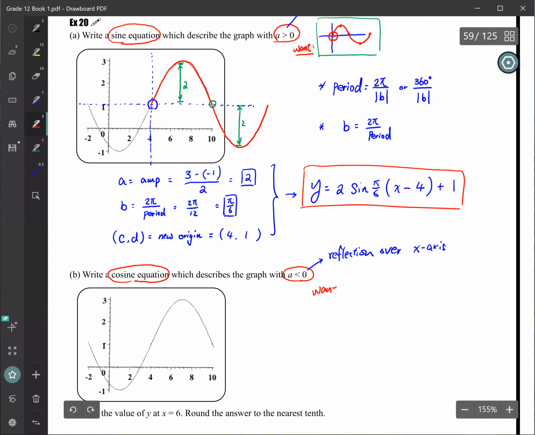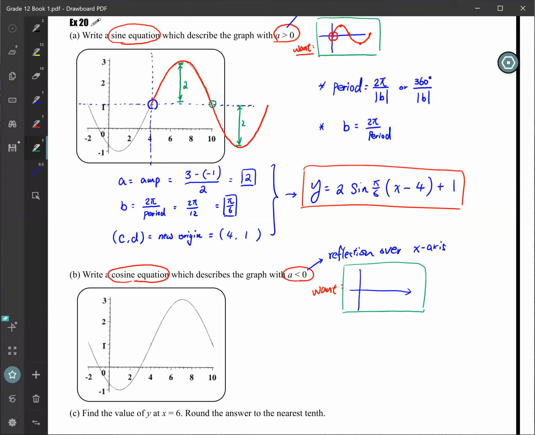What do we want here? And then after you figure out what you want, you draw the new origin. Find out where the new origin is. So I'll let you try that all by yourself. And when you find the equation, you can raise your hand.